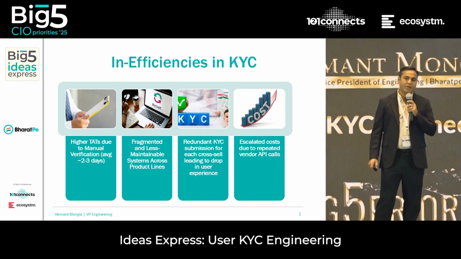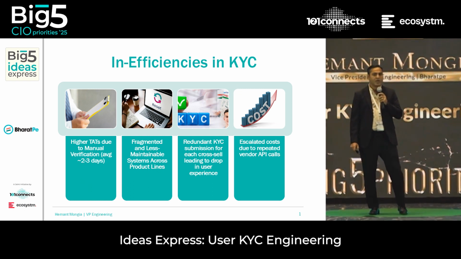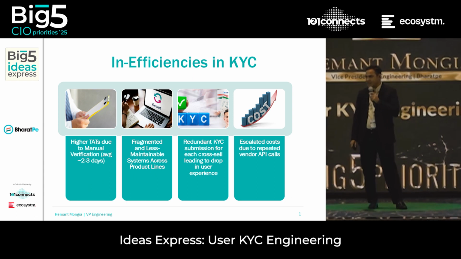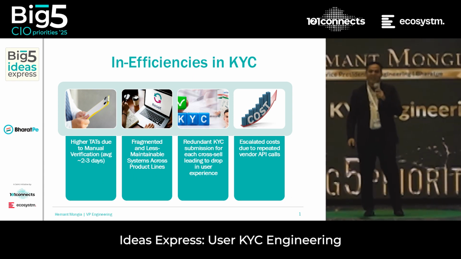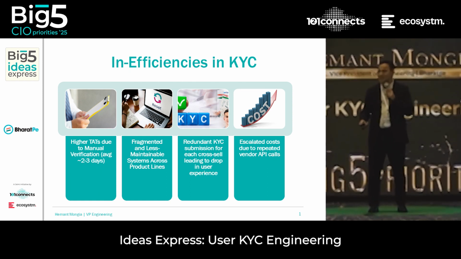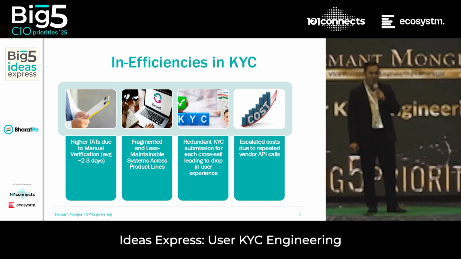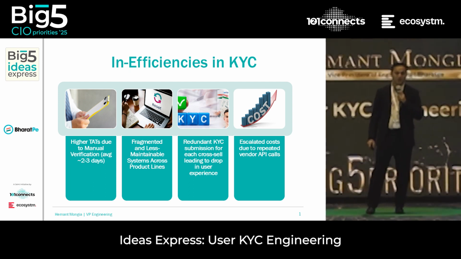For example, for a user, we need to calculate their creditworthiness, so we used to call these APIs, and then when they are actually doing the KYC, we are again processing that information. So we were hitting a lot of vendor APIs, leading to a lot of cost to us.